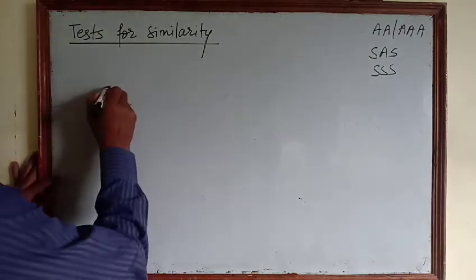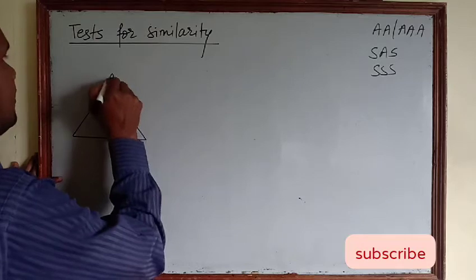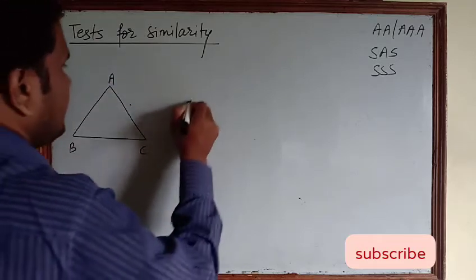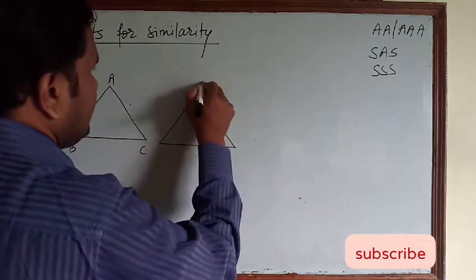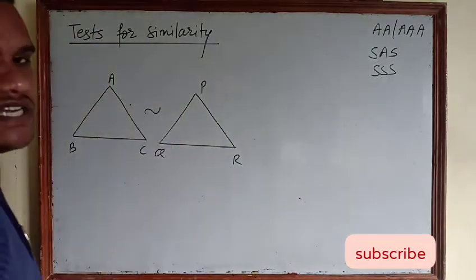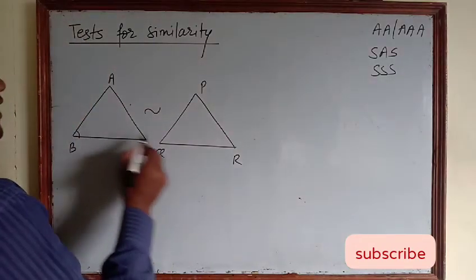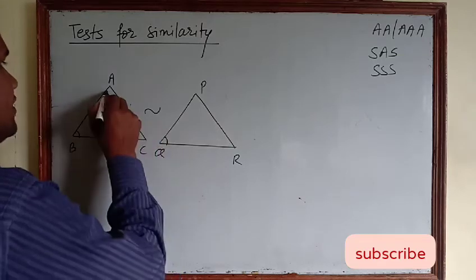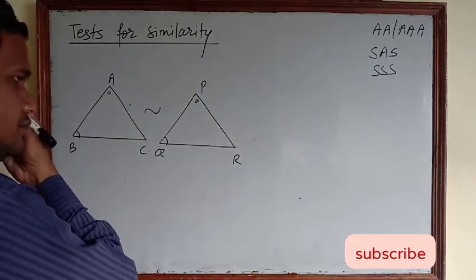Now let us consider that these two triangles are there, triangle ABC, and one more triangle we will take, triangle PQR. Now these two are similar triangles.